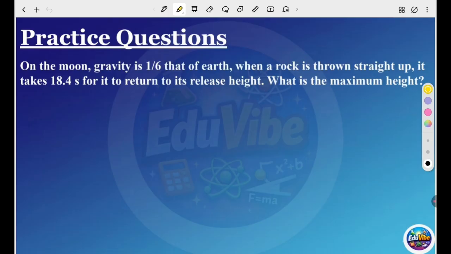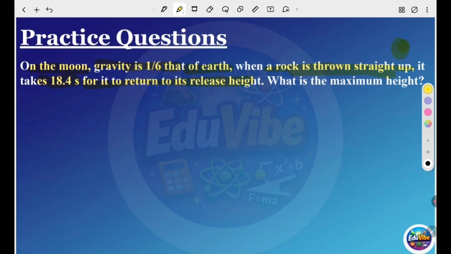What they say in this question is, on the moon gravity is 1/6 that of Earth. If we go on the moon, it's 1/6 the gravity of the Earth. When a rock is thrown straight up on the moon, it takes 18.4 seconds to return to its release height.